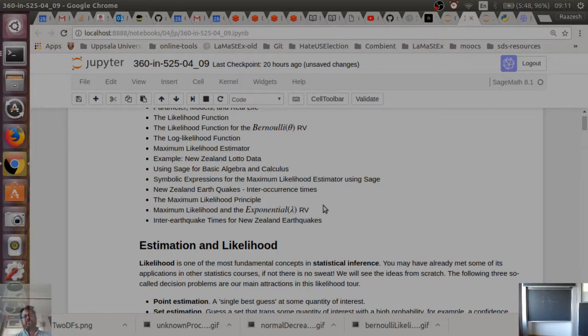Right? It's the inverse problem. And then we will get into this New Zealand lotto data. We're looking at the first ball number that pops out of this New Zealand lotto machine. And then a little excursion into basic algebra and calculus using the symbolic library in Sage.